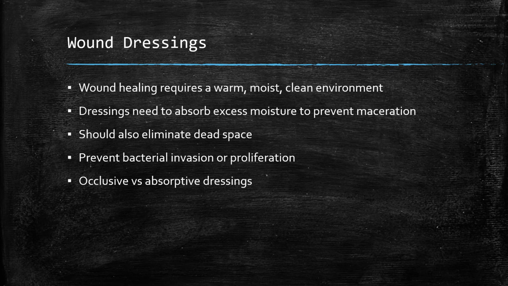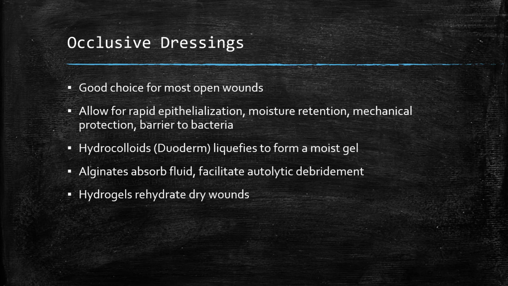Wound dressings come in two primary types, occlusive or absorptive. Occlusive dressings are a good choice for most open wounds. This type of dressing facilitates rapid epithelialization and facilitates moisture retention. These dressings also serve a mechanical protection function as well as a barrier to bacteria.